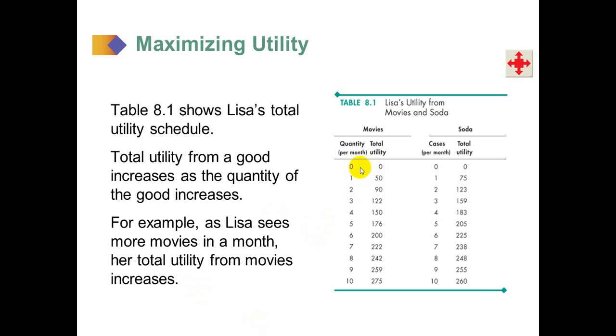If Lisa consumed 1 unit, total utility becomes 50 units. With 2 units, total utility increases to 90. So the marginal utility from unit number 2 we get by 90 minus 50. The benefit Lisa gets from the first one is 50 units of utility.